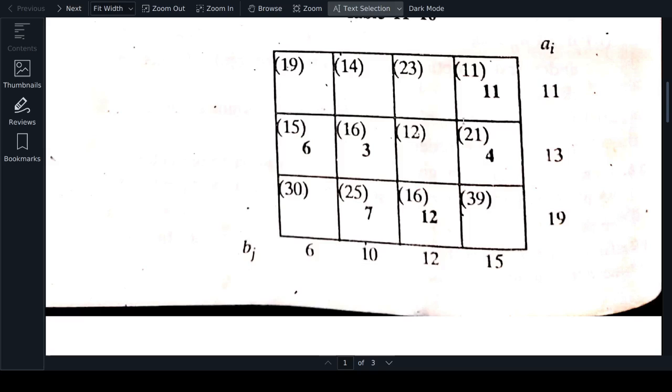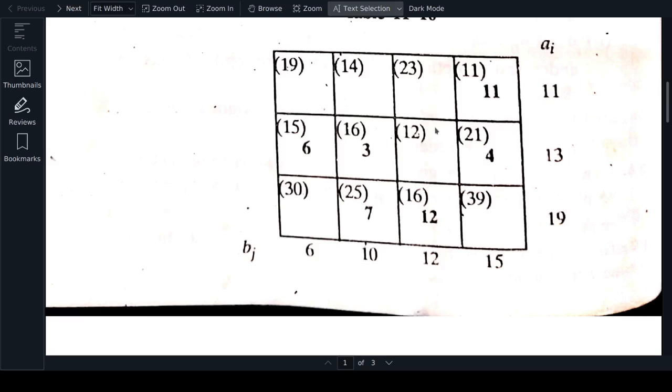Then cell number 2,2, allocation is 3. Then cell number 2,4, allocation is 4. Then cell number 3,2, allocation is 7. And cell number 3,3, allocation is 12. So these are the occupied cells. Clear? Yes, sir.